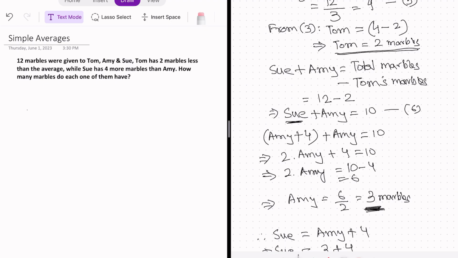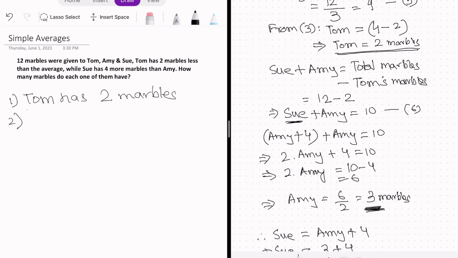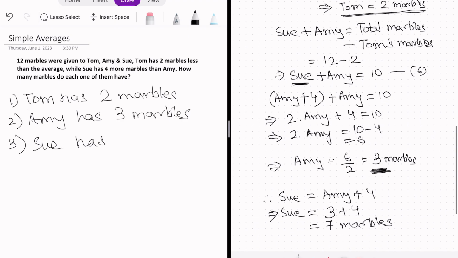Let's see. Tom has 2 marbles. Amy has 3 marbles. And finally, Sue has 7 marbles.